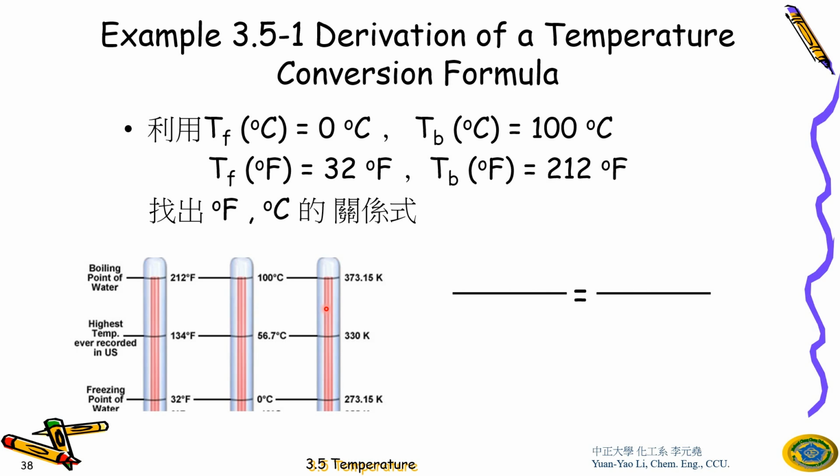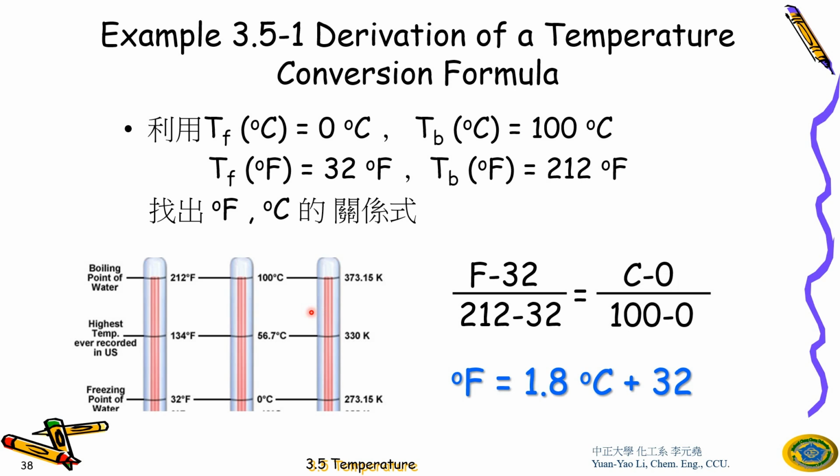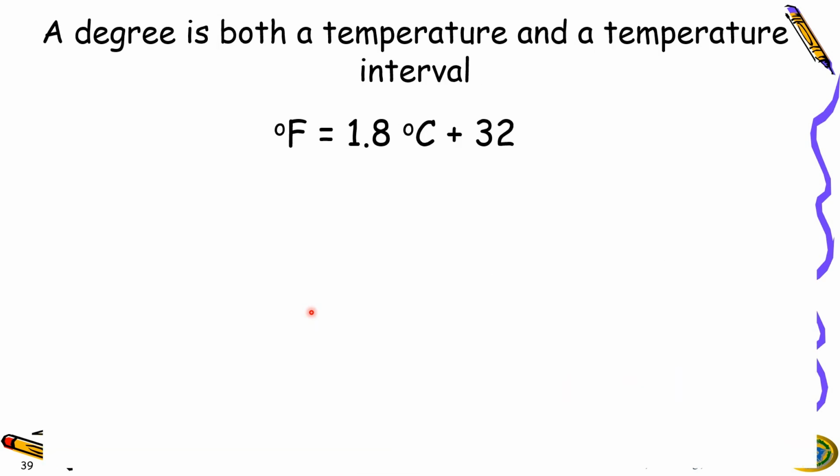So how do you find this equation? Easy. Please do this by yourself. A degree is both a temperature and also a temperature interval. Once you know that Fahrenheit equals 1.8 Celsius plus 32, the difference in Fahrenheit equals 1.8 times the difference in Celsius, because you remove the 32.